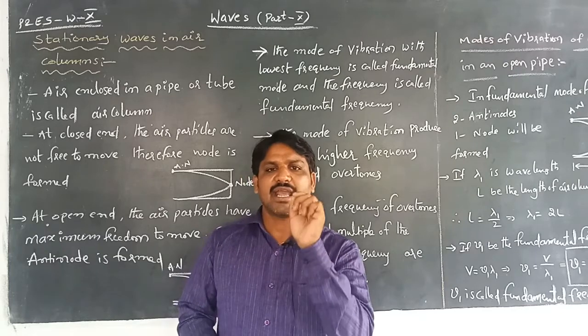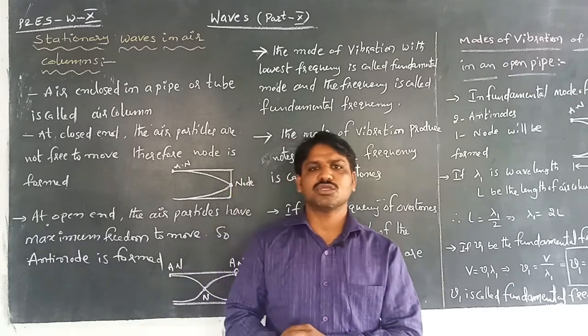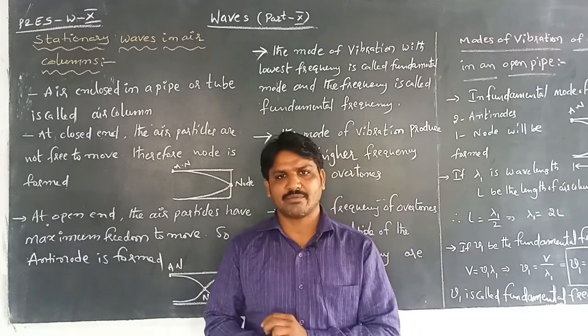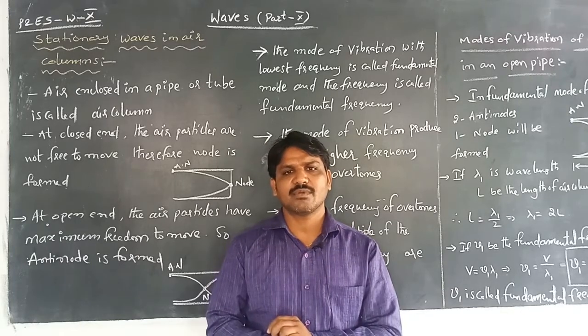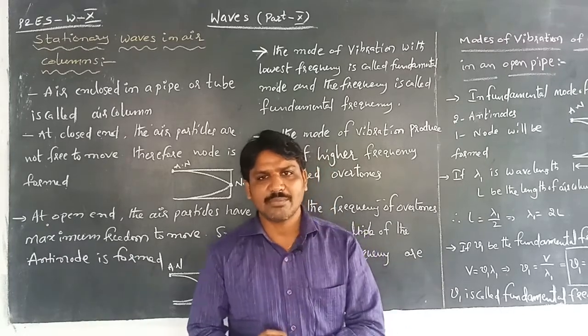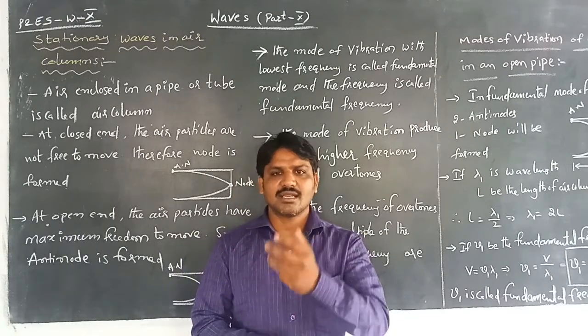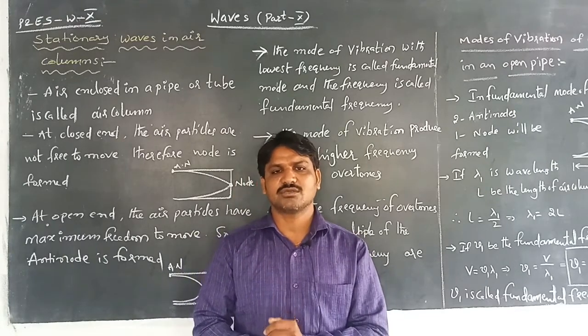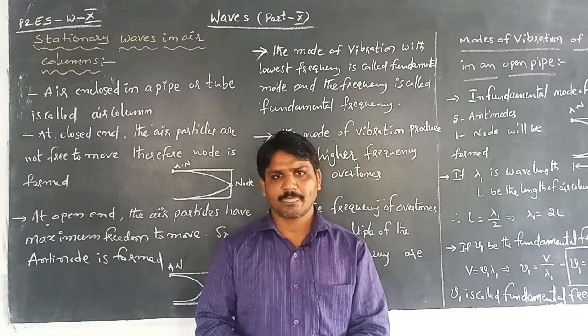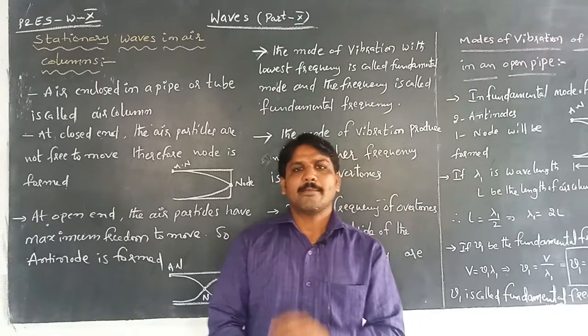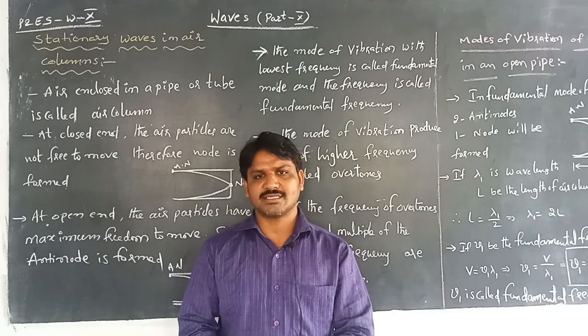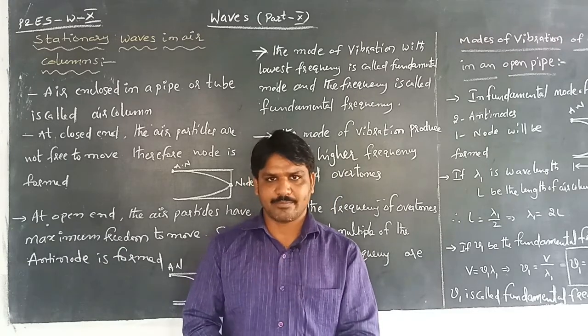Here, an air column can be formed in a closed pipe. What is meant by a closed pipe? A pipe that is open at one end and closed at the other end is called a closed pipe. On the other hand, a pipe that is open at both ends is called an open pipe.